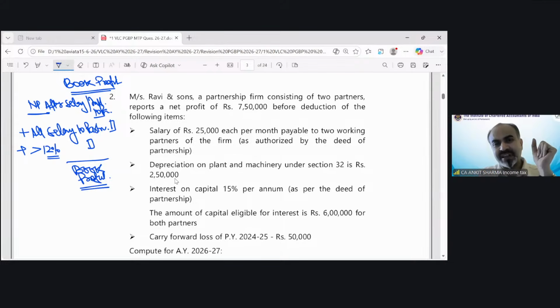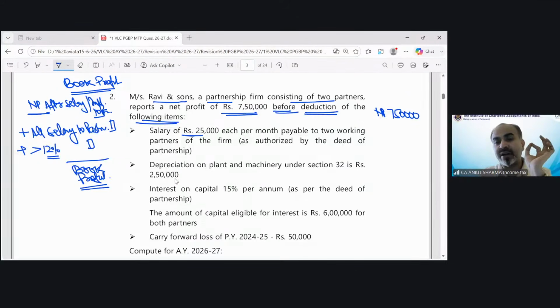Now the question says, Messrs. Ravi and Sons, a partnership firm consisting of 2 partners, reports a net profit of 7,50,000. So you can see we have net profit 7,50,000. And remember what it says. It says before deduction of the following items. That means we did not deduct the salary.